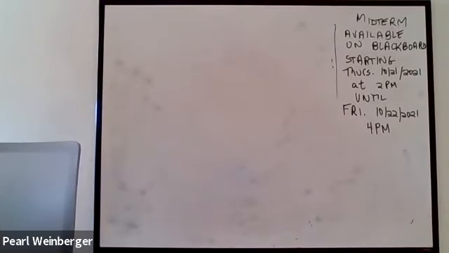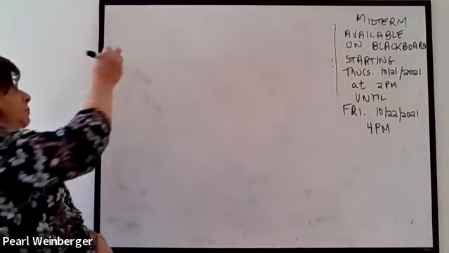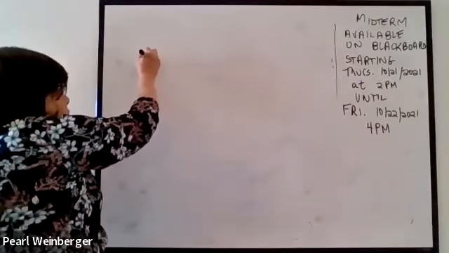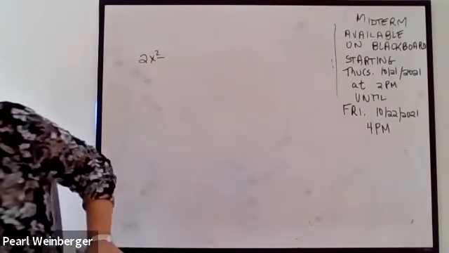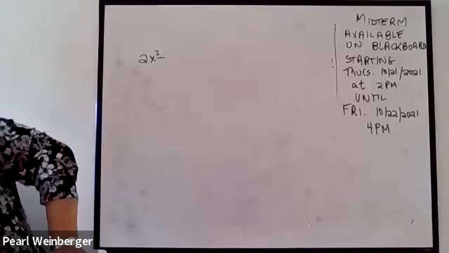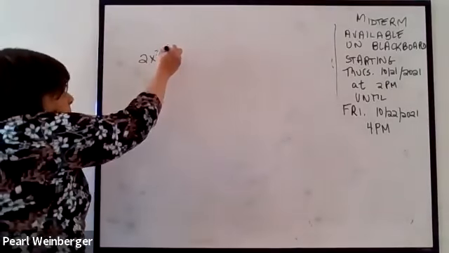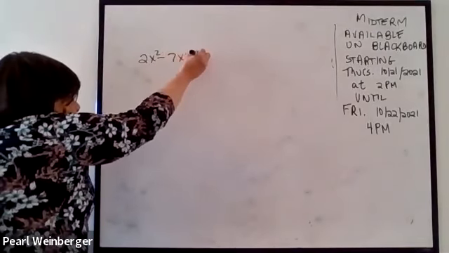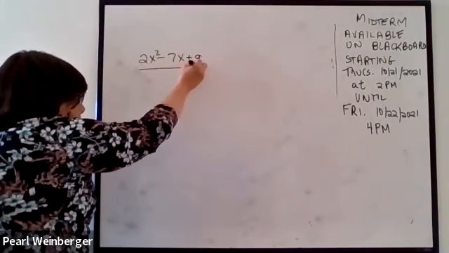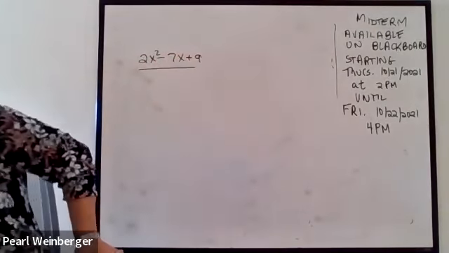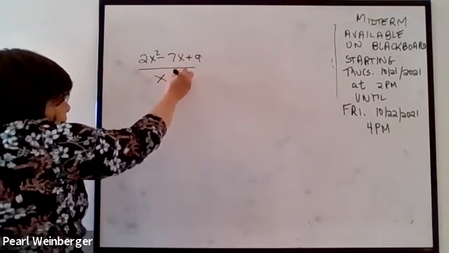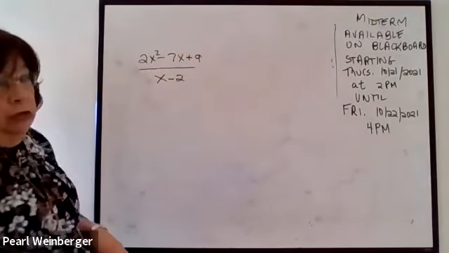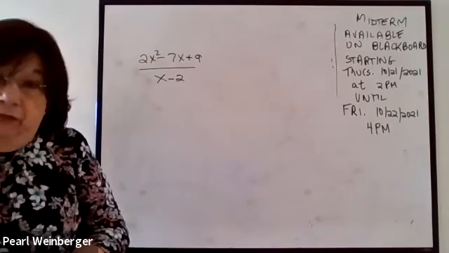So let's say I have this problem. I want to divide 2x squared minus 7x plus 9, which is a trinomial, by the binomial x minus 2. Now, I'm going to show you something that's called long division.